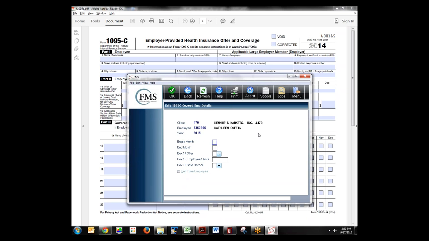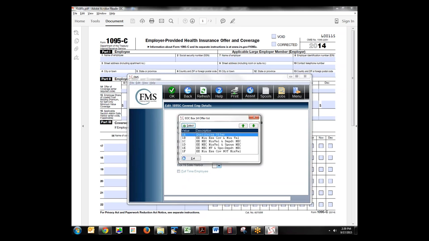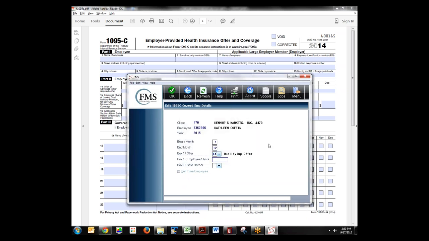So for example, if this is a full-time employee, employed the entire year, that's getting a qualifying offer, we'll just put in 1A, and box 15 and 16 aren't required, and then check the box that this employee is full-time.